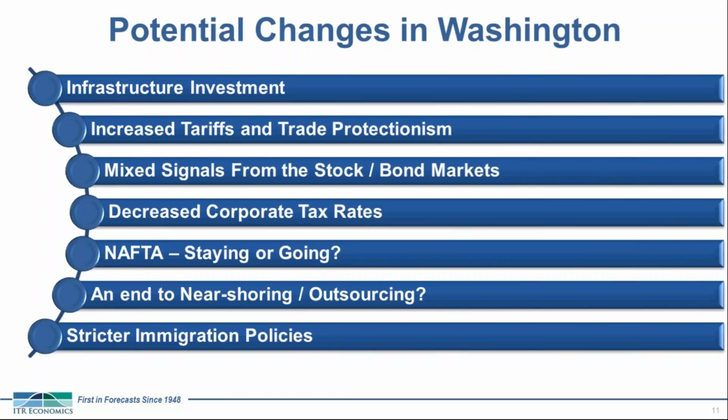After that, one of the other large topics is more stringent border policies, stricter immigration, and an end to nearshoring or outsourcing. Again, this will likely help industries that are very labor intensive and less capital intensive. For example, workers in the automobile industry would most likely be proponents of this. And it will help areas such as Detroit, where they have a lot of that base labor intensive manufacturing concentrated in one area.